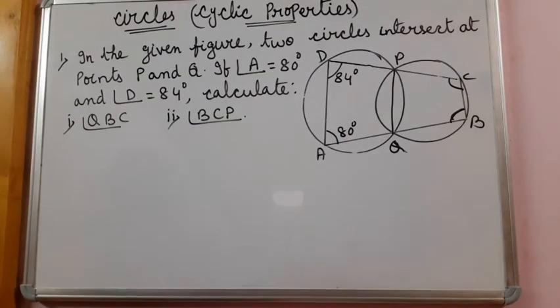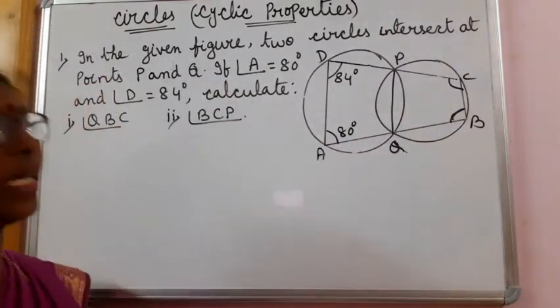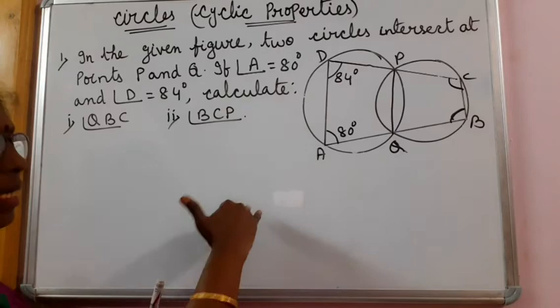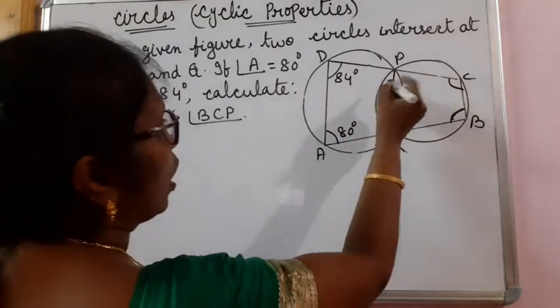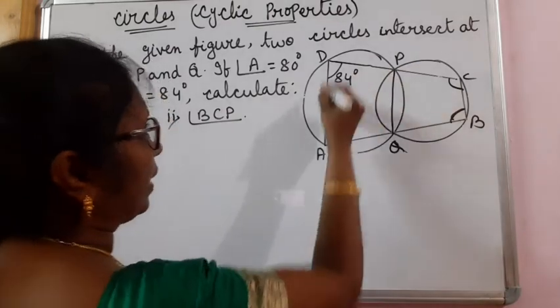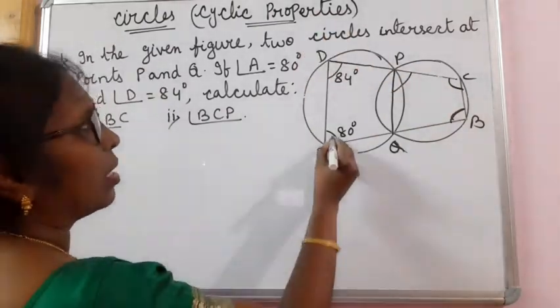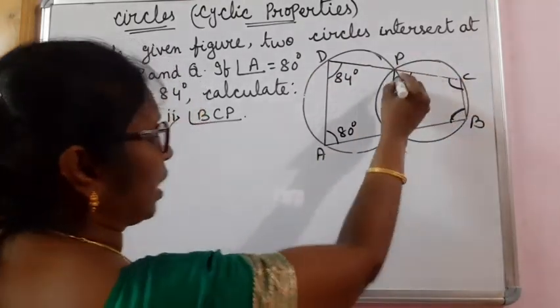And also you have learned that the exterior angle of a cyclic quadrilateral is equal to its interior opposite angle. So for this quadrilateral AQPD, this is the exterior angle when DP is produced to C.